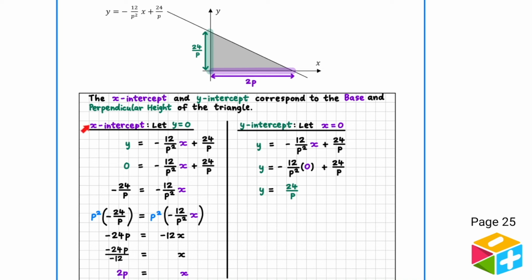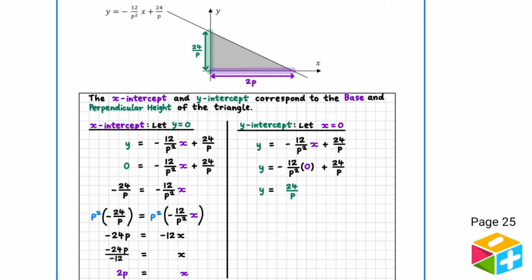To find the x-intercept, we should let y equal to 0 in our equation. From here, we can do some algebra to solve for x. I'll begin by subtracting 24 over p from both sides. The fraction minus 12 over p squared is a bit awkward.